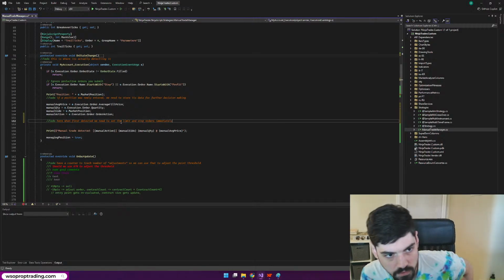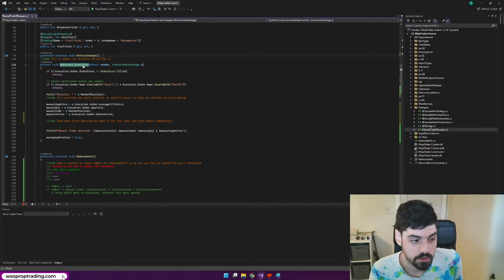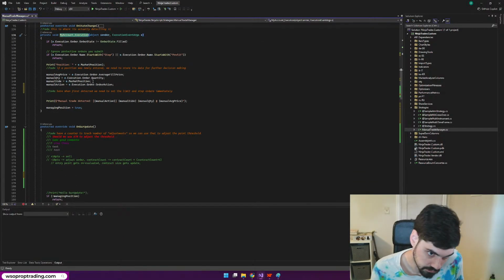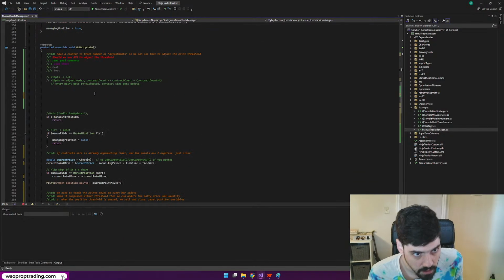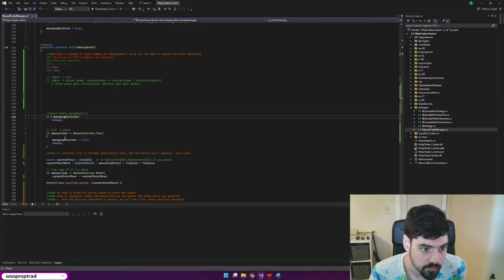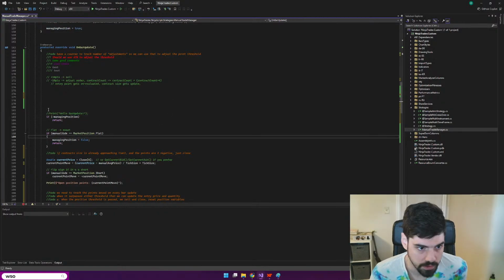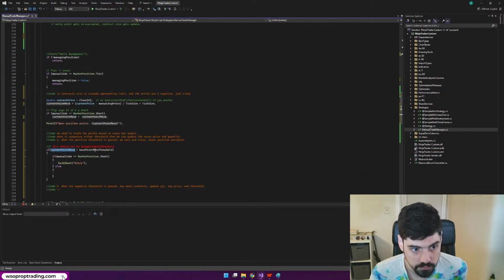We need to set those orders immediately when the first execution is encountered, right? And then on bar update, for most of the time, it's doing nothing. It returns because the current point move is going to be less than the move threshold, right?